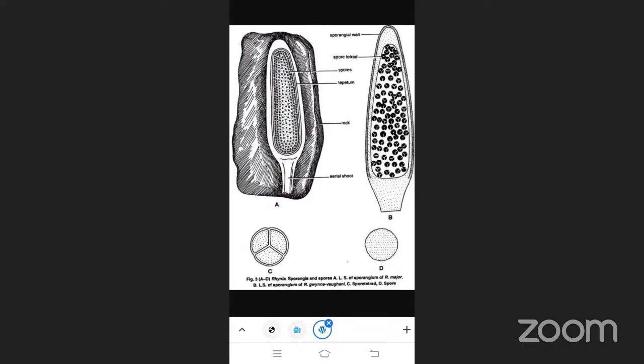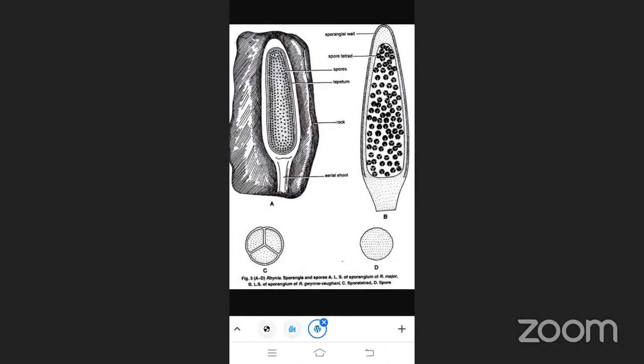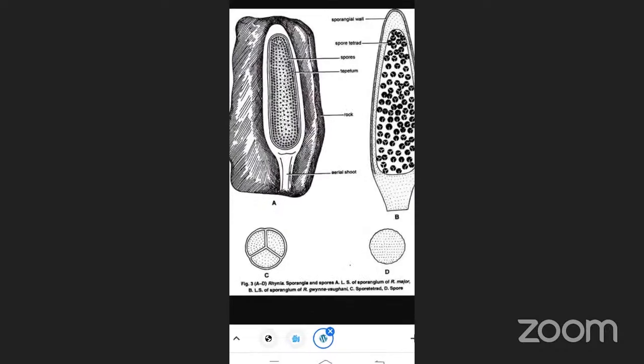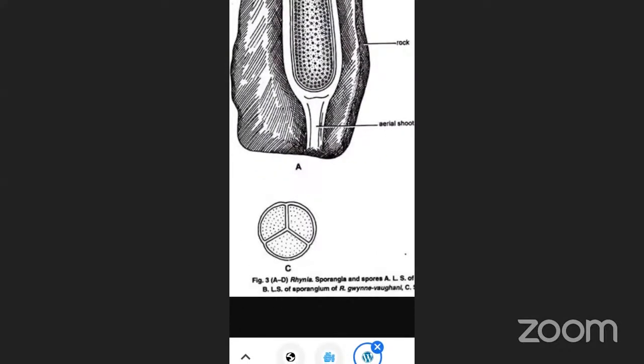Probably decay of the sporangial wall might have caused the liberation of the spores. There is evidence that the spores were dispersed by the air. So here the Rhynia is clearly visible, the tetrad spores are there.